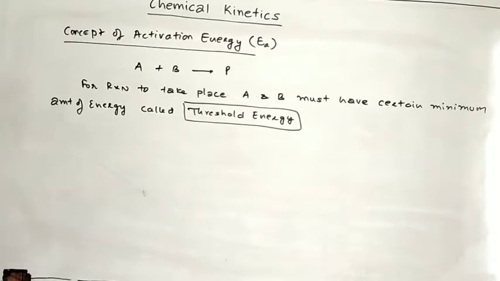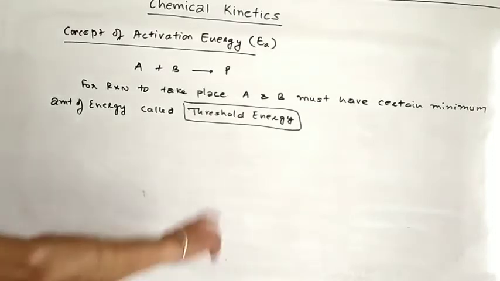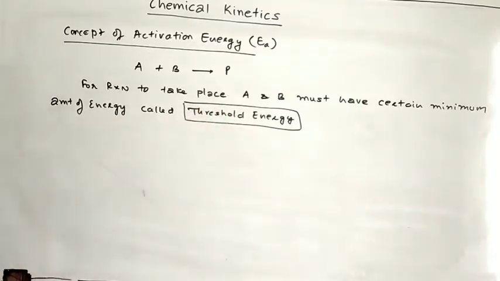So that energy which we supply to A and B to make its energy equal to or more than threshold, so that they can react, that extra amount of energy supplied is called activation energy.